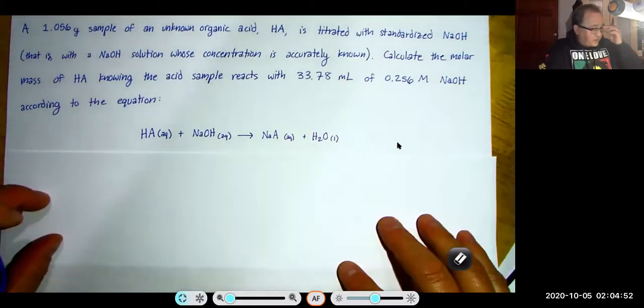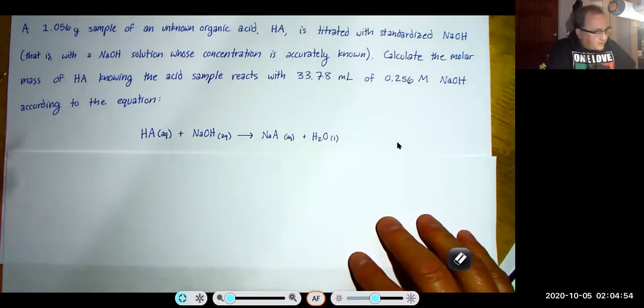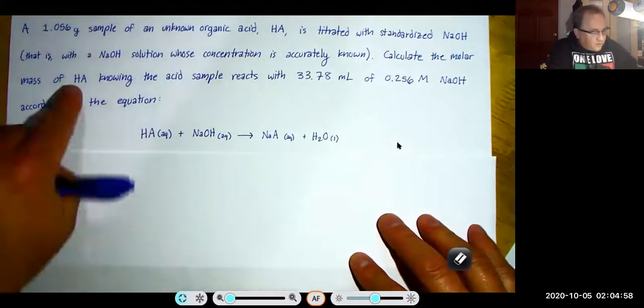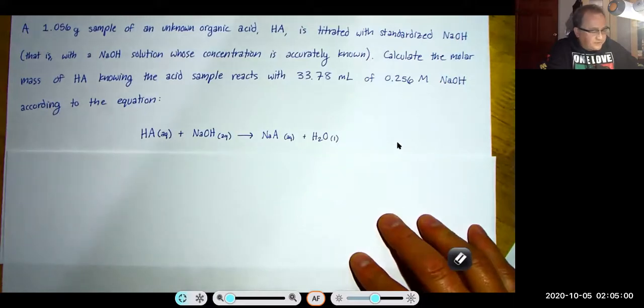Okay, so calculate the molar mass of HA. To calculate the molar mass of HA, it seems to me that we need to know the moles of HA, right? And the grams of HA.